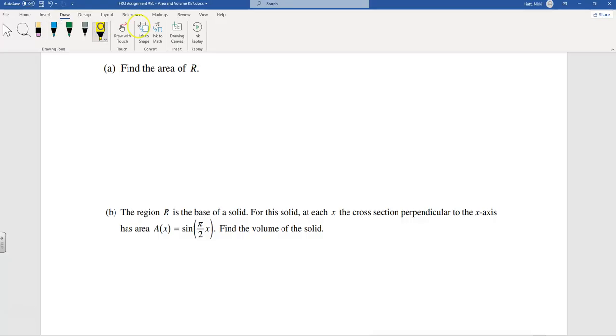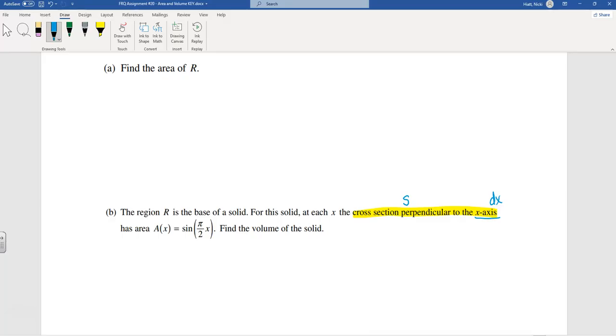When you see cross sections perpendicular to the x-axis, first of all, x-axis tells you this is a dx problem. And cross sections perpendicular to the x-axis, this is where we did like an s value, right? Which was different. For most of the problems, we had a shape. They told us it was squares, or rectangles.